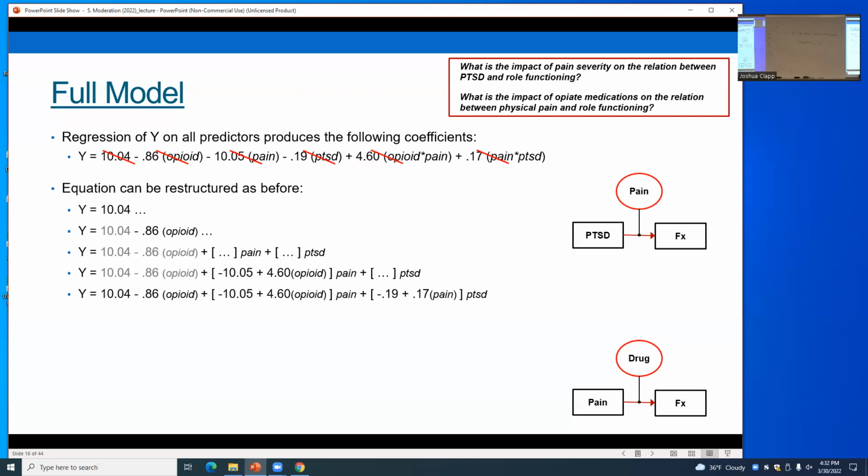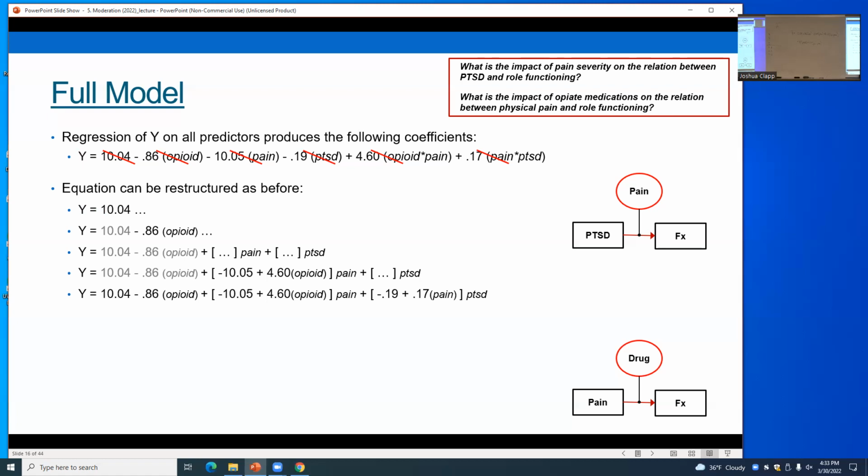What you're trying to do with this is break this down so that you've isolated your conditional effects here, right? And your conditional effects end up being a function of, here you can say the relation of PTSD with functioning is dependent on pain. What value I put in for pain here is going to change this coefficient, right? If it's a higher value, it's going to be stronger. If it's a negative value, it's going to be lower, right?